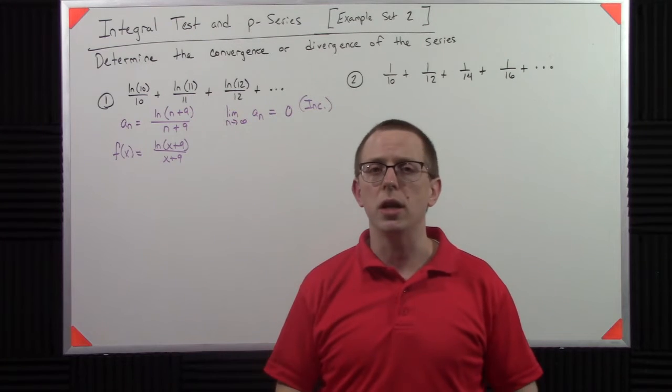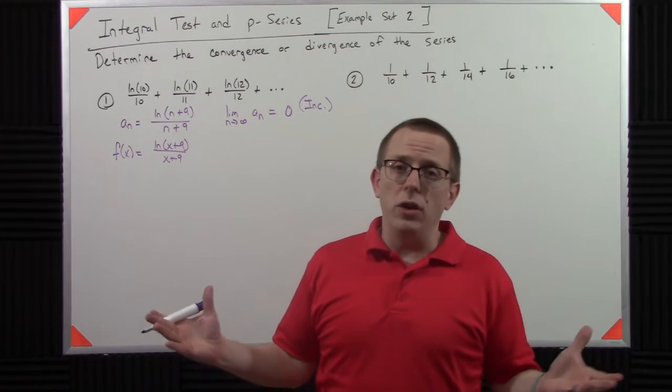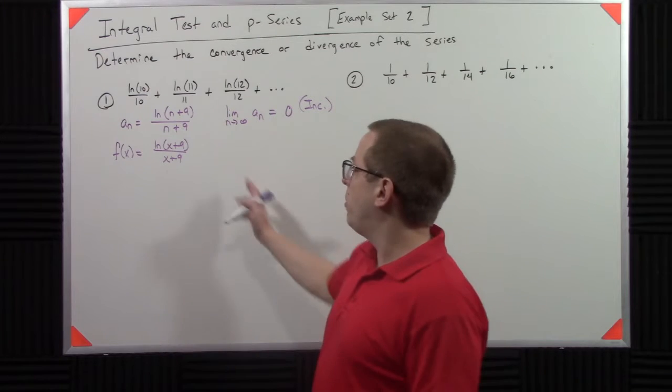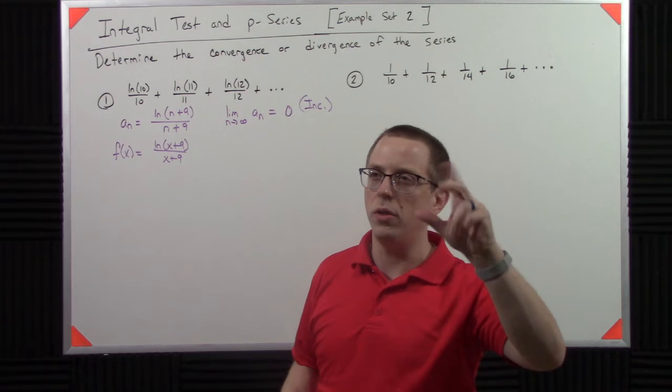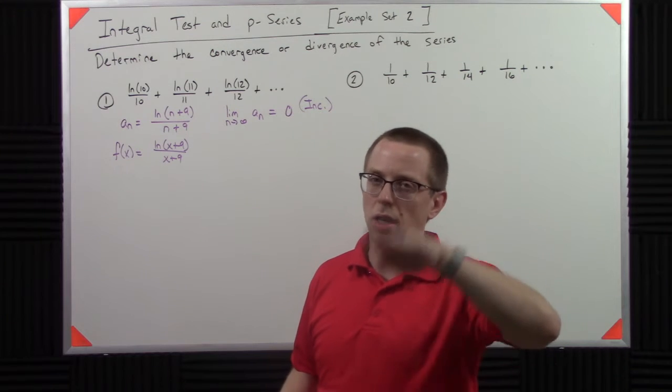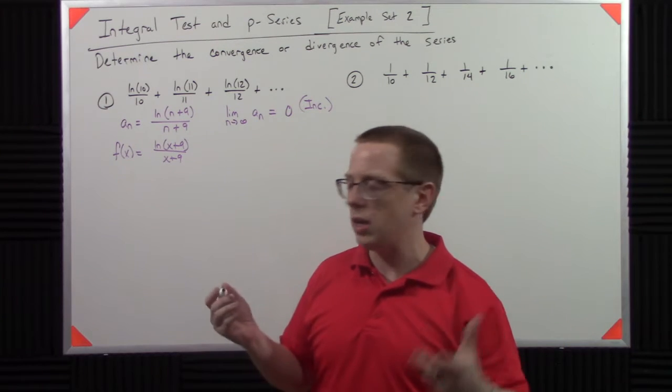Now is it decreasing? You're going to have to take a derivative. Again, if you knew a little bit about the families of functions, it would help you a little bit here, but sometimes with those ratios of functions, things can bump up and down. So let's take a derivative.